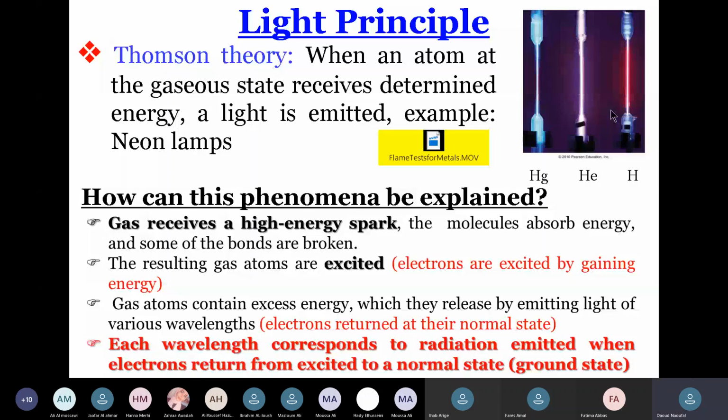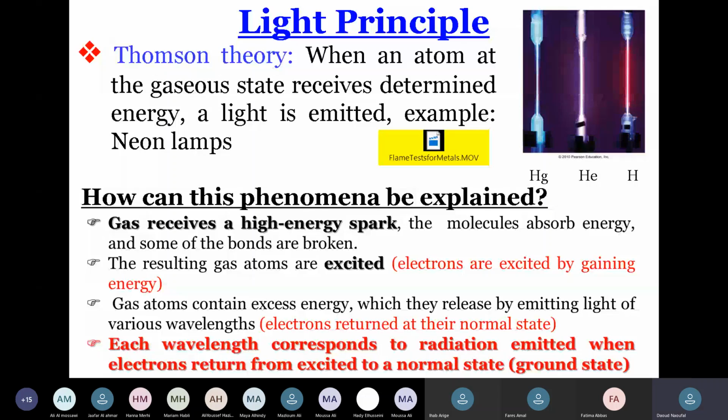The breaking of the bonds will release gas atoms that will absorb the energy and will be excited. So the electrons are excited inside the atom from their stable place to another place, which we call the excited state.